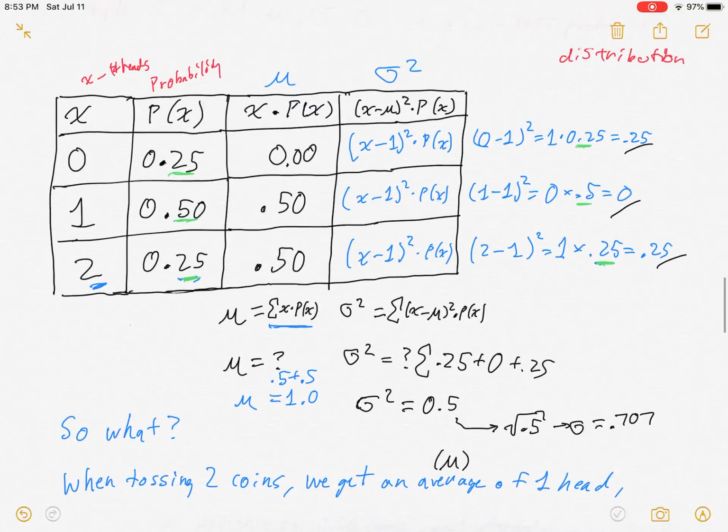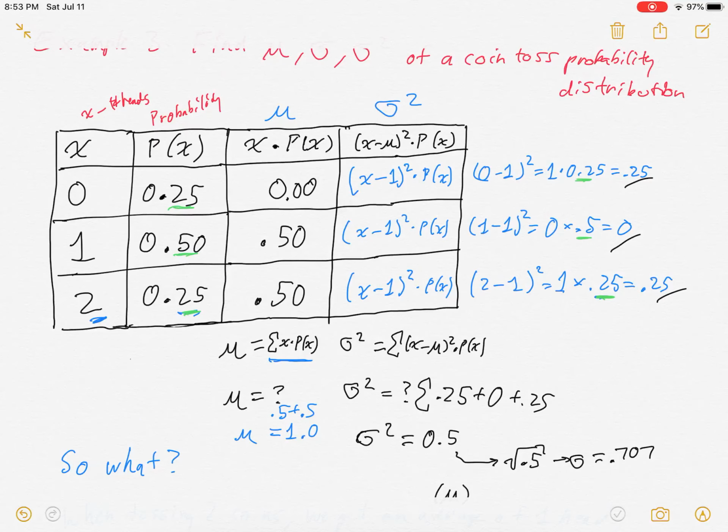How I did it is that mu is the summation of x times p of x. I created this little section at the top here with this formula, and what I did is take this left row times this equals this.